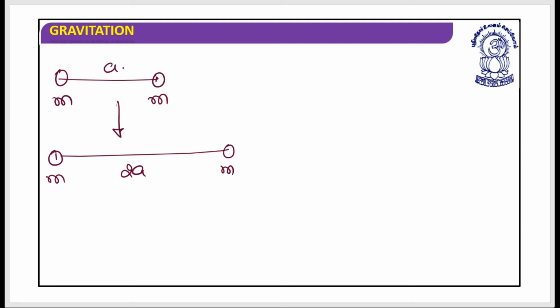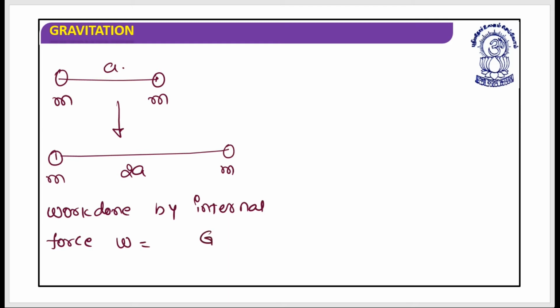So if they want work done by internal force, then what you need to do is first write down your work done answer. It's Gm² by 2a. Now take a decision of whether it would be positive or negative.